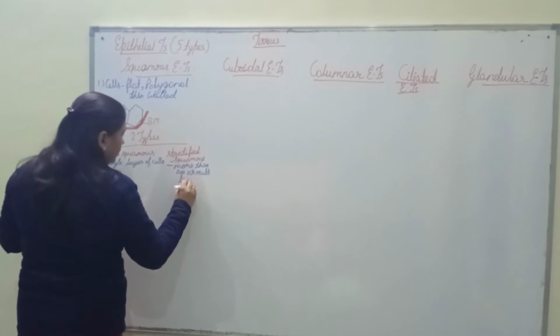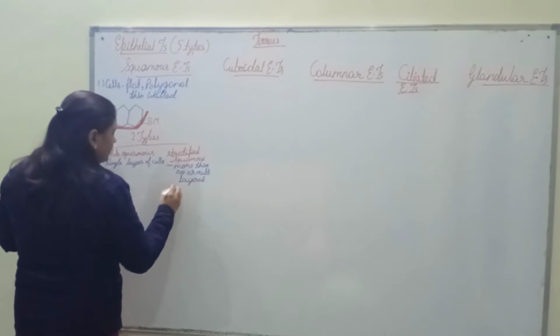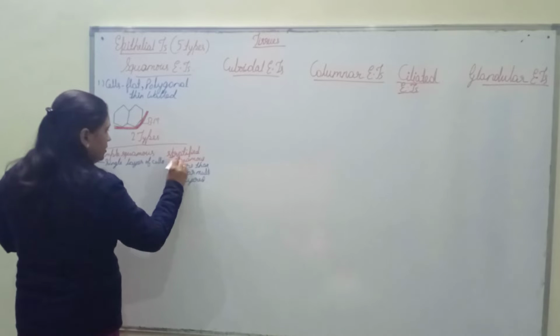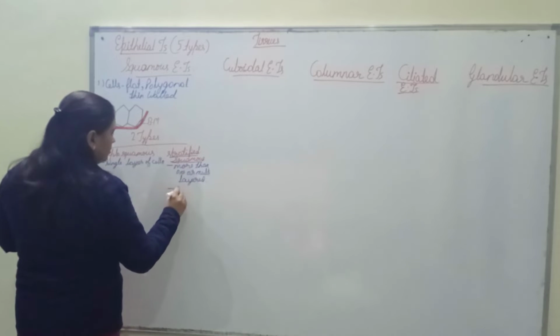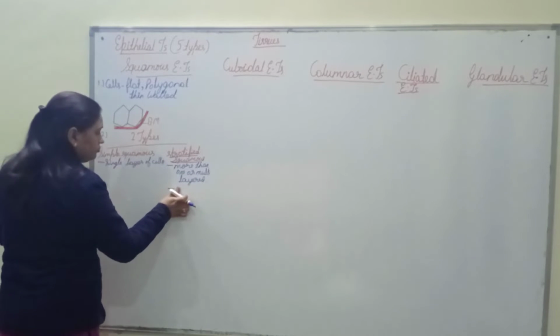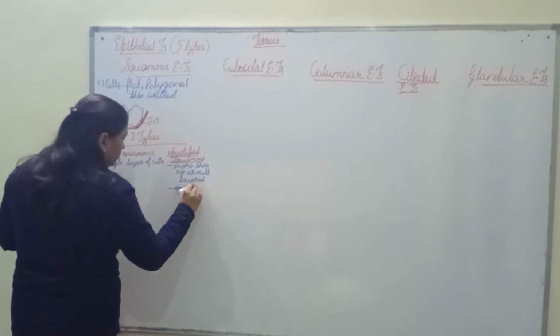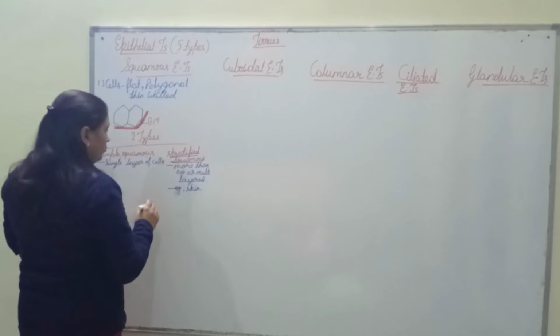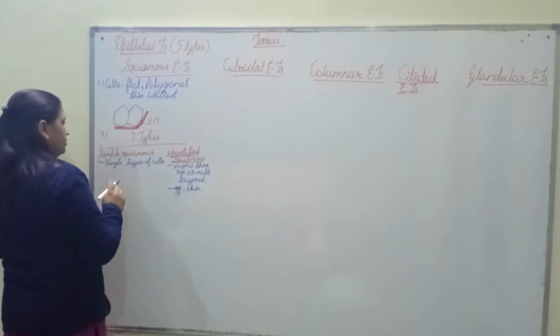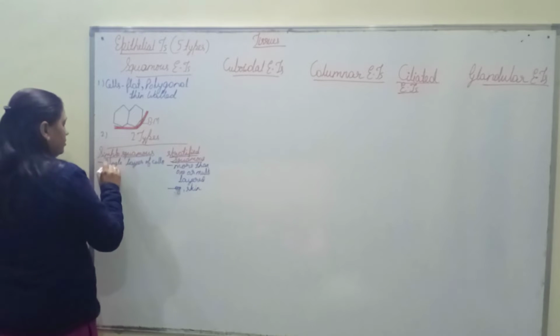These are multi-layered, and the example of stratified squamous is skin. Skin is made of multiple layers of cells.